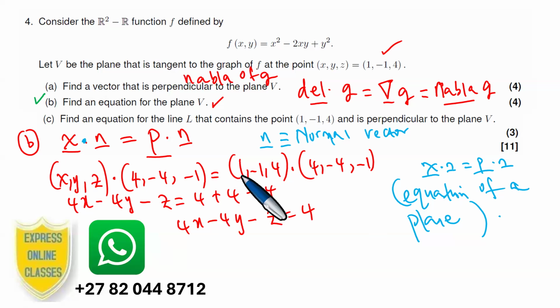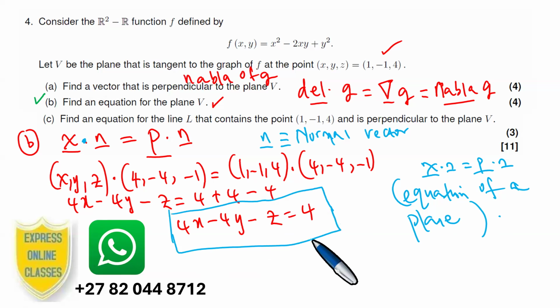And then we have 1 times 4, which gives us a 4, minus 1 times minus 4, giving us a 4, 4 times minus 1 gives us a minus 4. Then we simplify everything, and this is the answer.